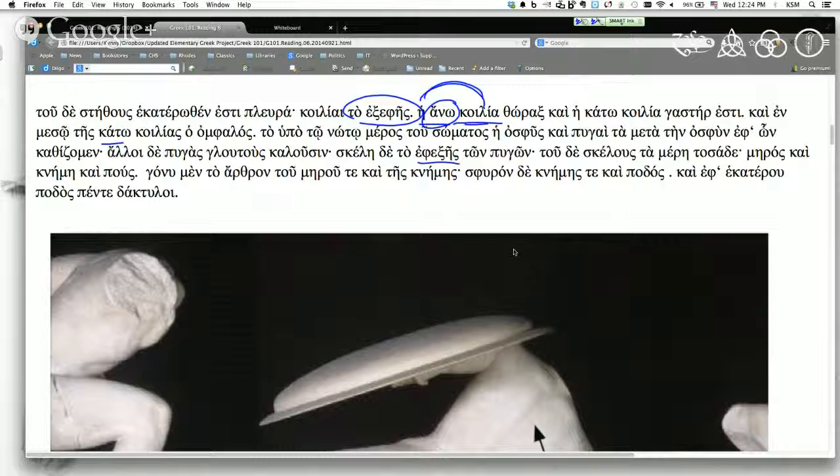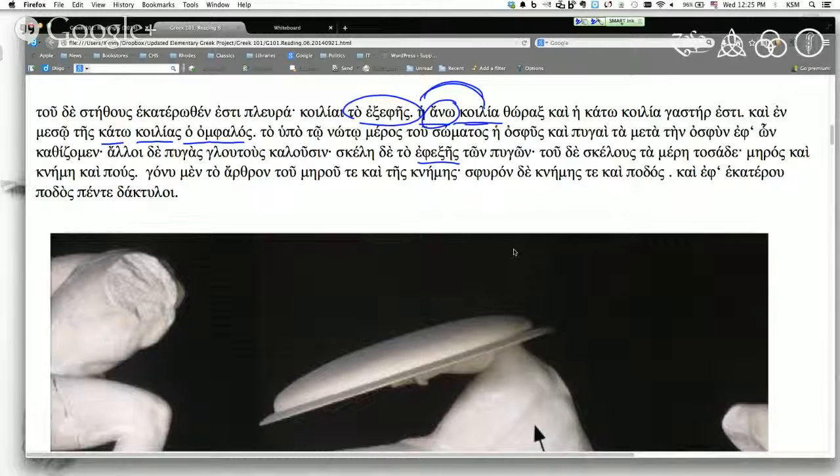So, anokoilia, katokoilia. The lower koilia. The lower cavity. And omphalos, the navel. Omphalos. The navel.